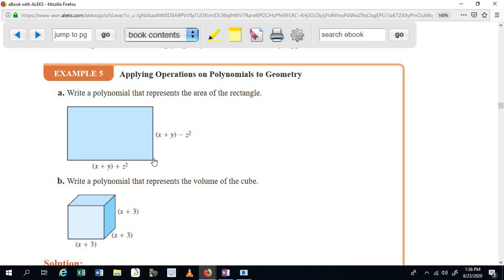This side of the rectangle has a length of x plus y plus z squared, whereas this side has a length of x plus y minus z squared. Let's find the area of this rectangle.